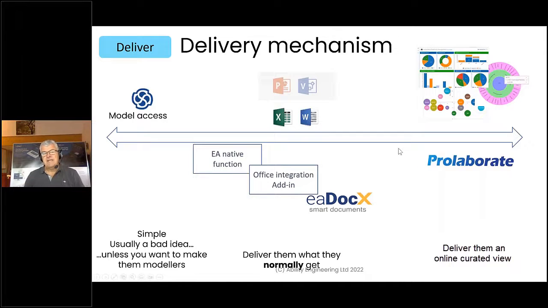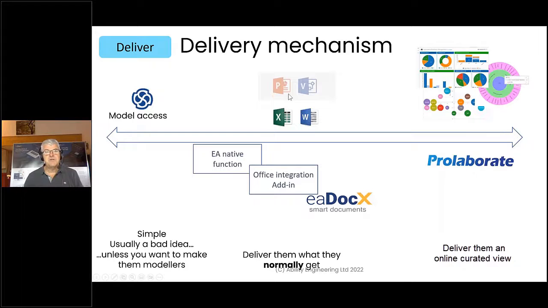So if you want to have an easy life in terms of fitting in better with what else your business is doing, it may be better to start off by saying, hey, look, you used to get a spreadsheet, I'll give you a spreadsheet. Okay, the spreadsheets come out of Enterprise Architect, but I'll just do it to make life easier. If they say, by the way, they want things in PowerPoint and Visio, don't talk to them anymore because they're obviously bad people.